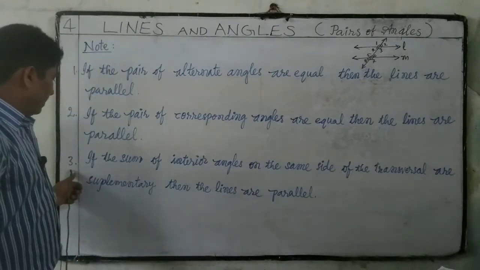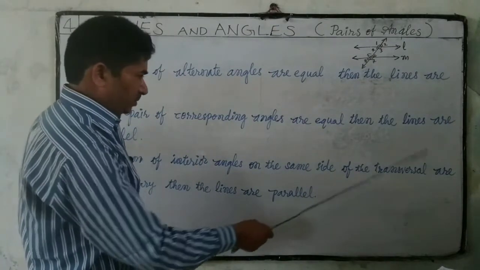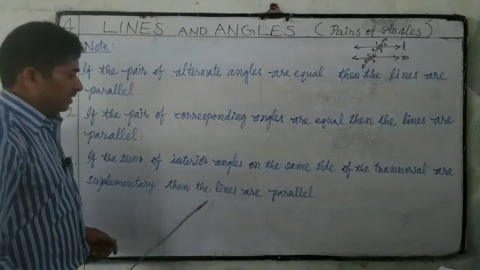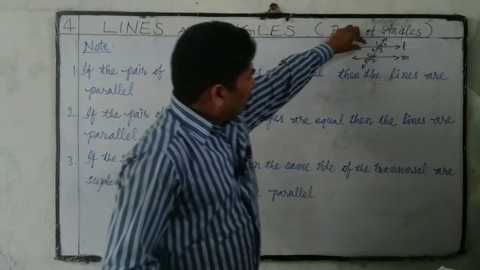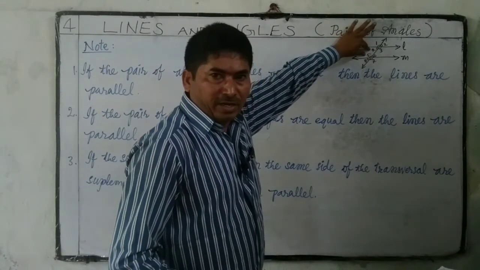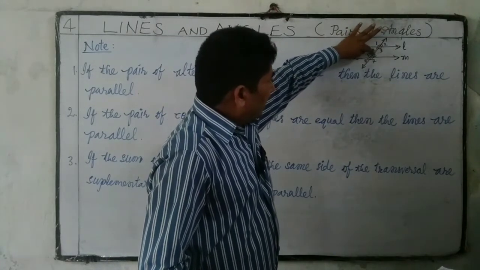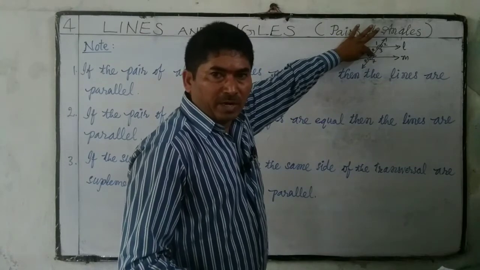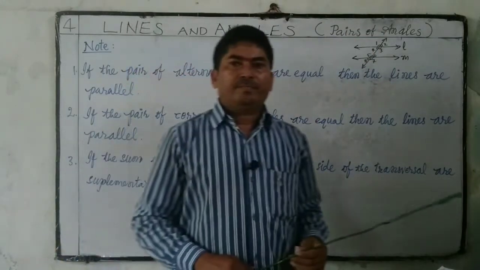Next, point number 3. If the sum of interior angles on the same side of the transversal is supplementary, then the lines are parallel. If angle 4 plus angle 5 is equal to 180 degrees, or angle 3 plus angle 6 is equal to 180 degrees, then the lines are parallel.